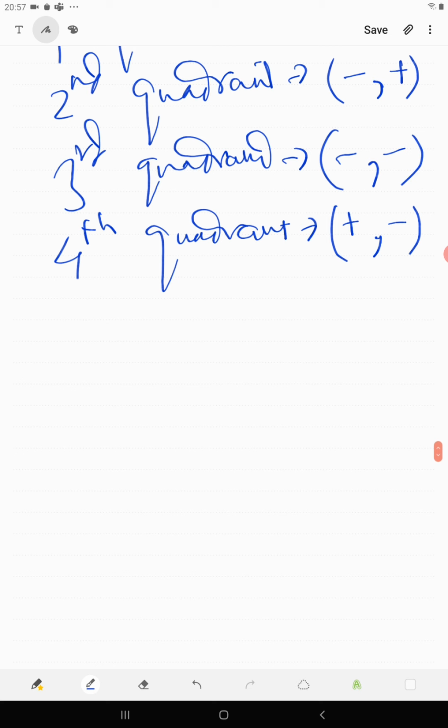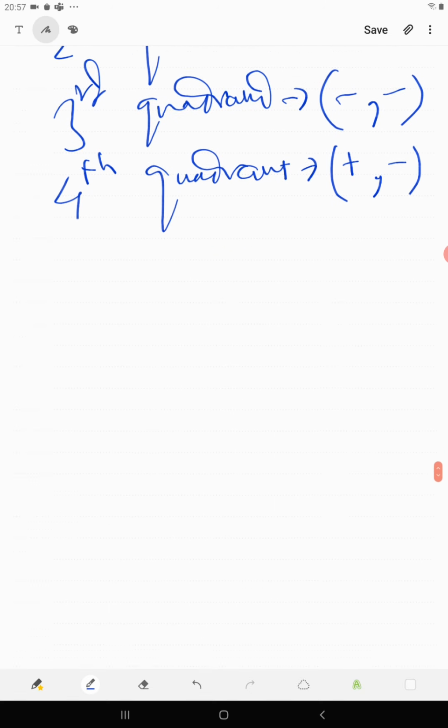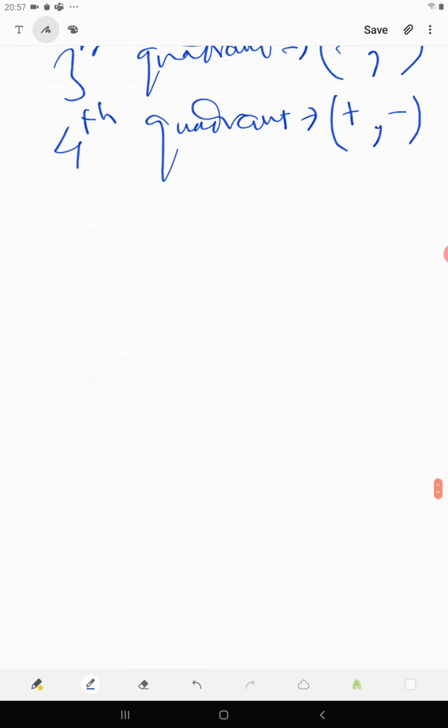We have seen how to take the point, now we will see how to draw a line. We have different points, and joining those points we will get a straight line. Let's move on, then we will see how to draw a straight line in two-dimensional geometry.